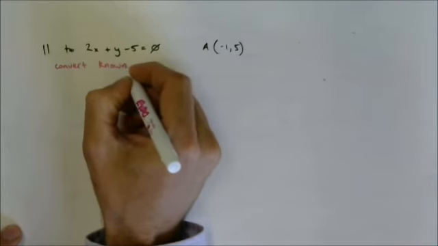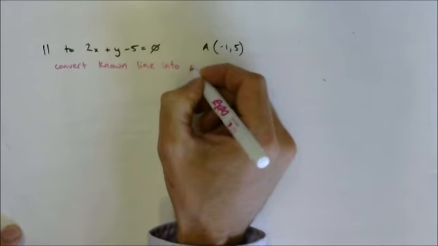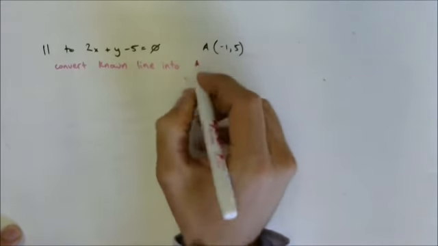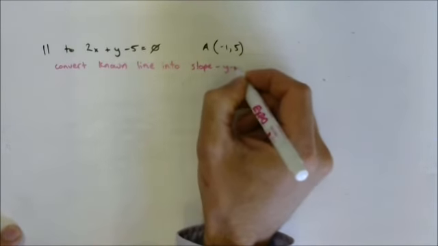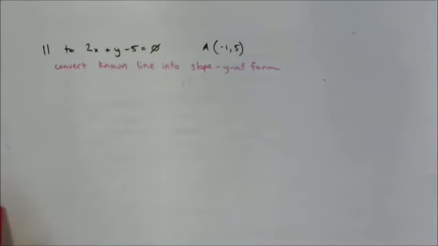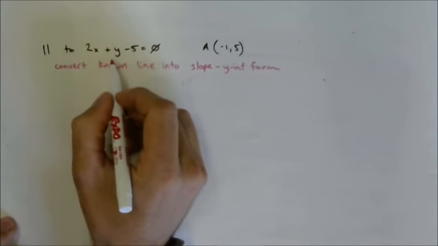Yeah, I want to convert the known line into slope y-intercept form. What does that look like? Well, I want my y positive, 1y on the left.